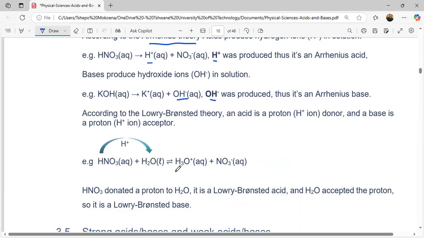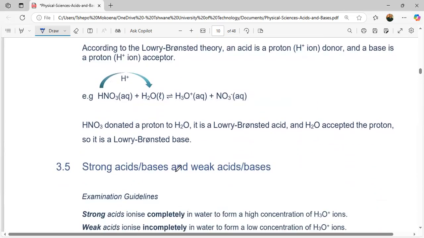Now, again, like I said, two guys came along, which is Lowry and Brønsted. They postulated that an acid is a proton donor, and a base is a proton acceptor. What is a proton? It is hydrogen plus ion, H plus ion. We call it a proton because it doesn't have an electron.